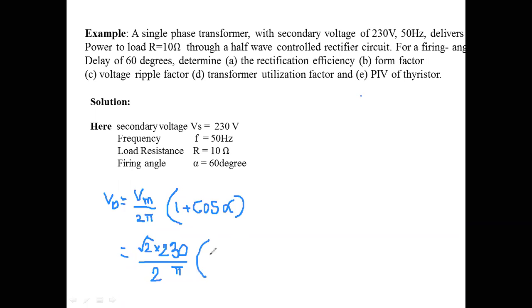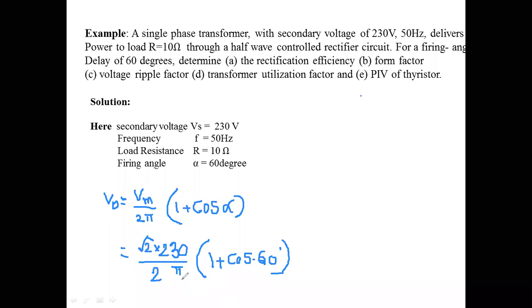Cos alpha, where alpha is 60 degrees. Therefore, 1 plus cos 60. Whenever it is cos 60, how to multiply?